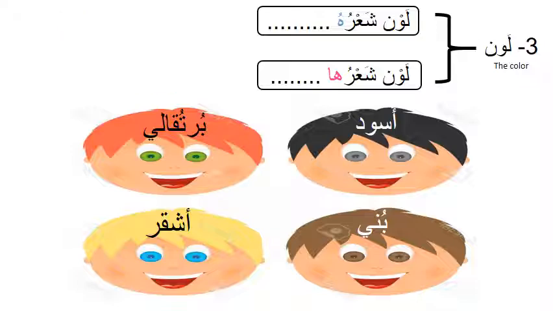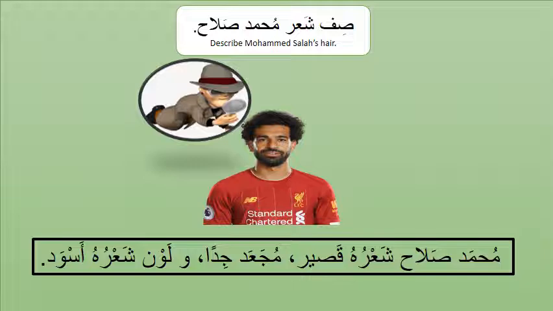Now let's have more examples to make it more clear. If I ask you صف شعر محمد صلاح. صف means describe. شعر, we agreed that the word شعر means hair, someone's hair. صف شعر محمد صلاح, describe Mohamed Salah's hair. محمد صلاح شعره قصير، مجعد جدا، ولون شعره أسود.